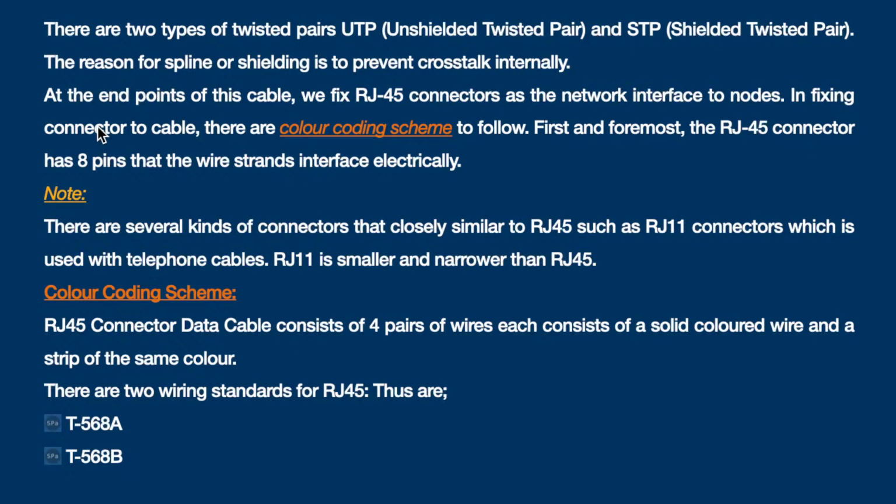That rule is called the color coding scheme. You can't just connect red to red, white to white, like we normally do in a regular electrical connection. That is not networking. In networking, you have to follow what we call the color coding scheme.